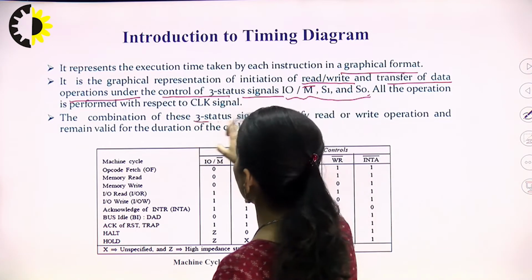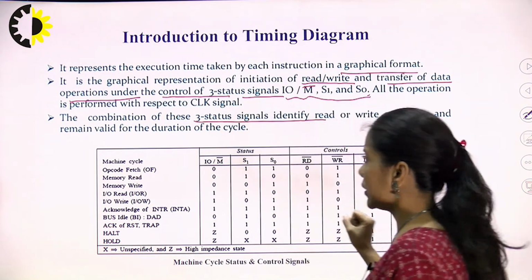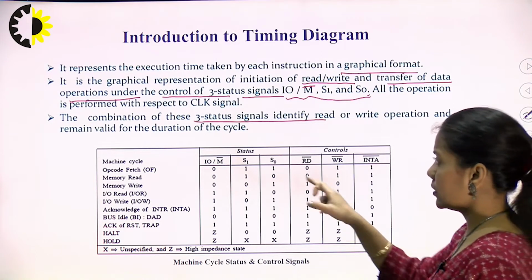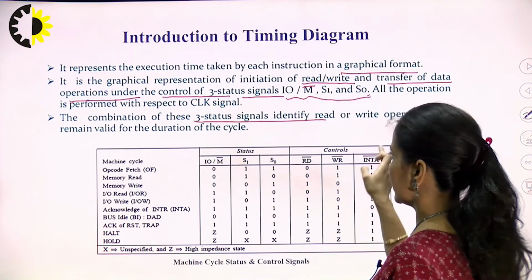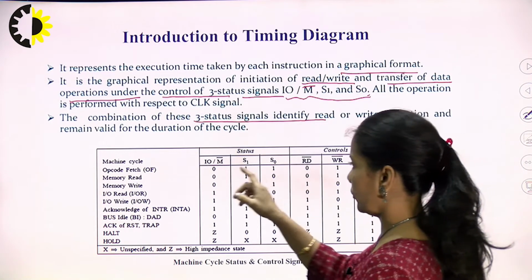The combination of these three status signals identify different operations going on in the system, and how they identify, let us see. So, these are the three status signals and these are the control signals, read, write and INTA bar.